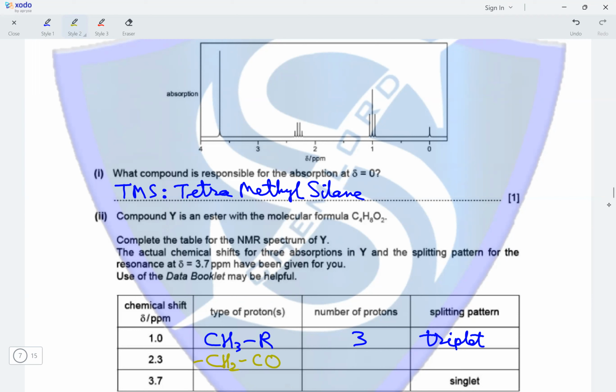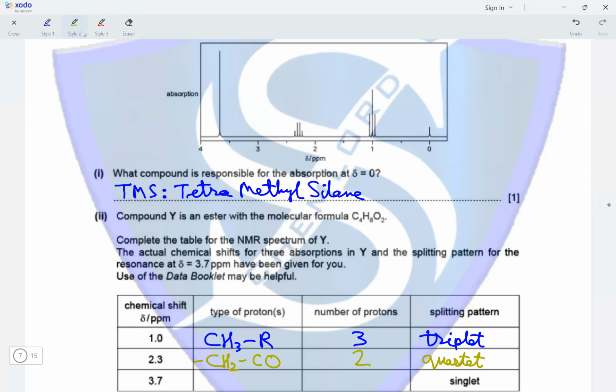If an alkyl group is present next to a C double bond O group, it will have a chemical shift range of 2.2 to 3.0, where we can see the quartet peak. Therefore, the number of protons present in CH2 would be 2, and the splitting pattern is a quartet. So this is our second peak due to our ester.